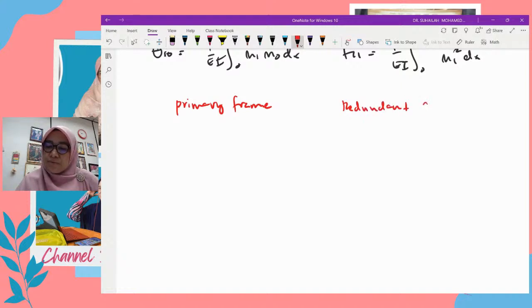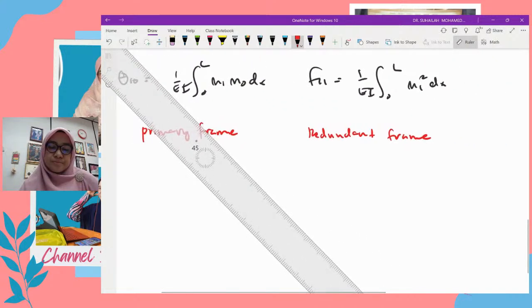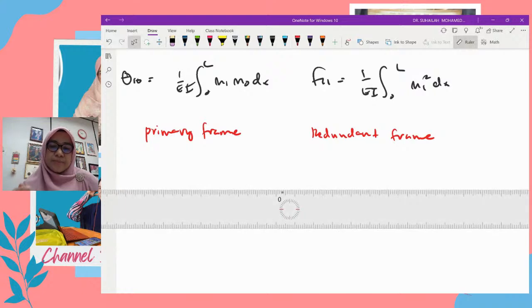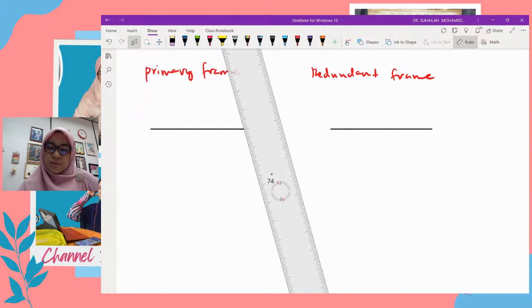Both frames have the same characteristic, meaning that A will become a pin after removing MA. So we have it like this.